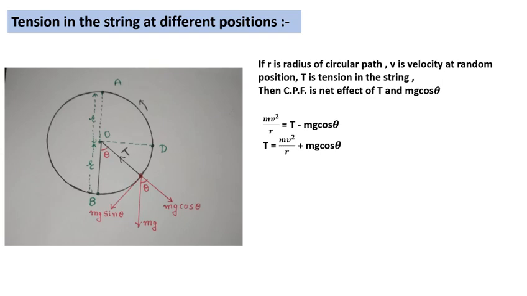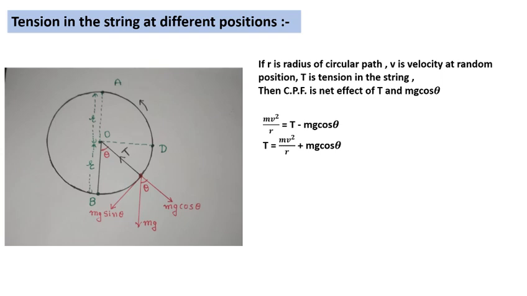Then the centripetal force, which is essential for circular motion, is the net effect of these two forces: the tension T in the string and the cos theta component of weight, mg cos theta. So centripetal force mv square upon r is equal to T minus mg cos theta.